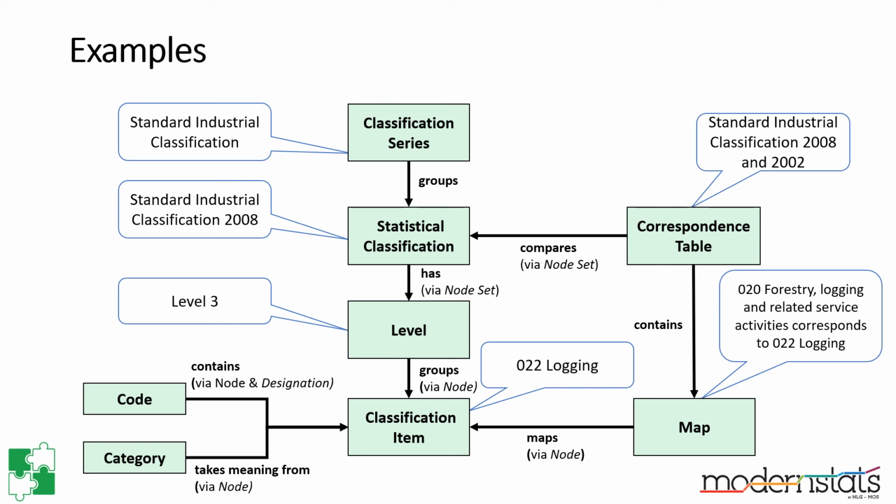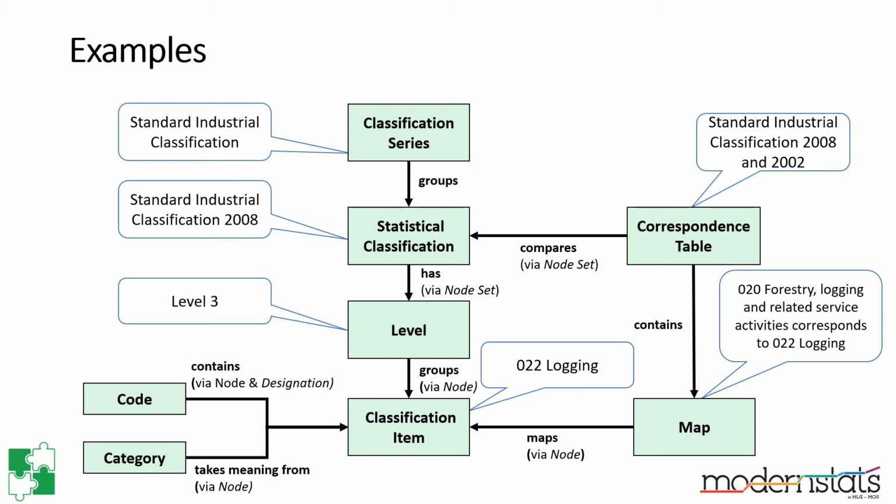In the same picture where you have a classification series, it might be the standard industrial classification in this example. And then the actual classification would be the standard industrial classification 2008. There are several levels. In this example, I've chosen level 3. And then there's the classification item 022 logging. The classification item combines the code 022 and the category, which is logging.